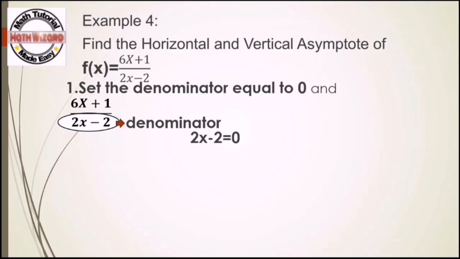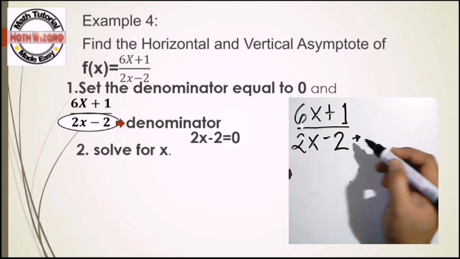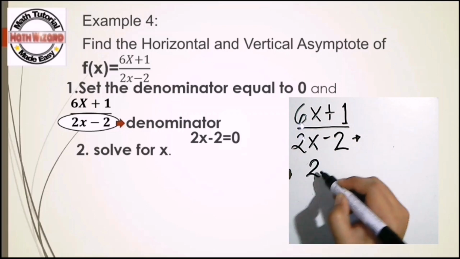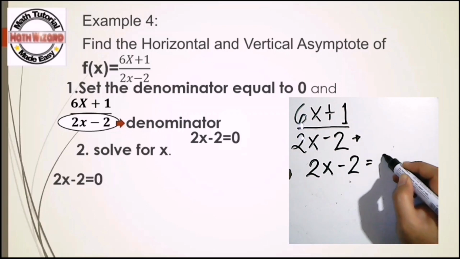And then we follow the second procedure wherein we need to solve for the value of x. And so in solving 2x minus 2 equals 0, you can watch the video so that you will be guided.